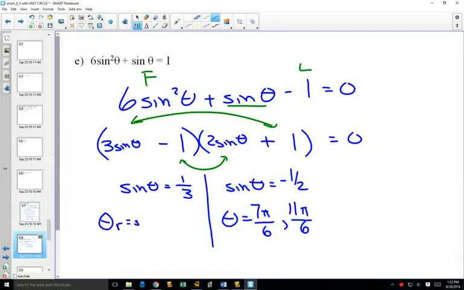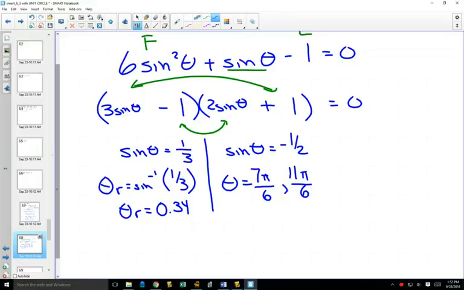We find our reference angle by doing sine inverse. Is that what it is in radians? Okay.